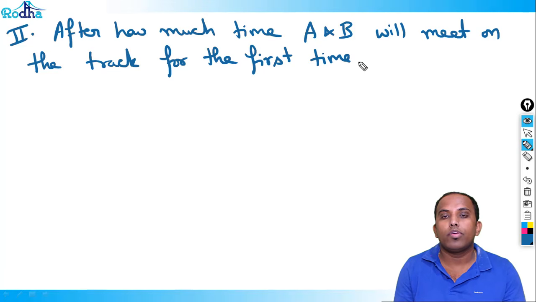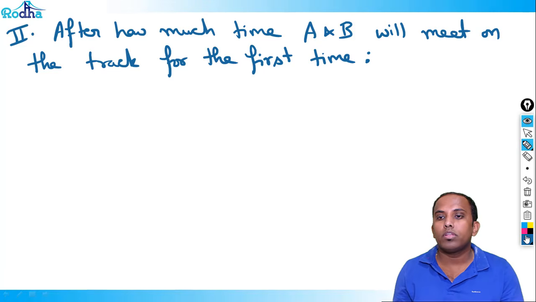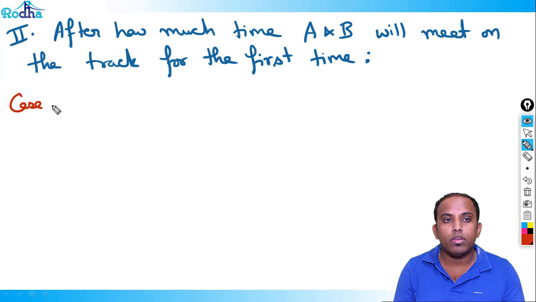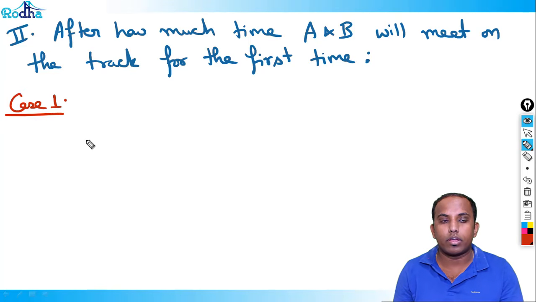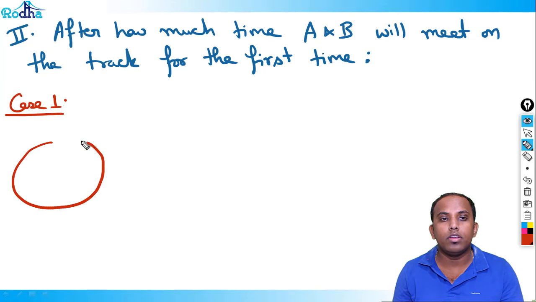Okay, so we can have two cases here. So what are the two cases actually? So let's say this could be case 1, when both are running in the same direction. So assume that, let's say, the length of the track is 140 meters, just changing values.